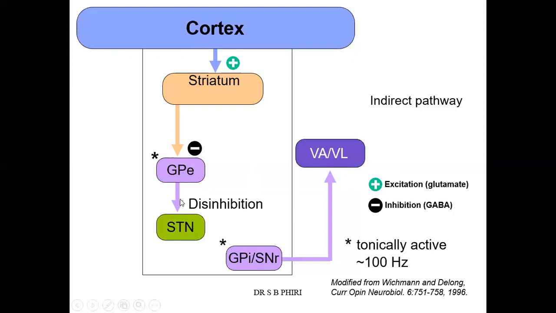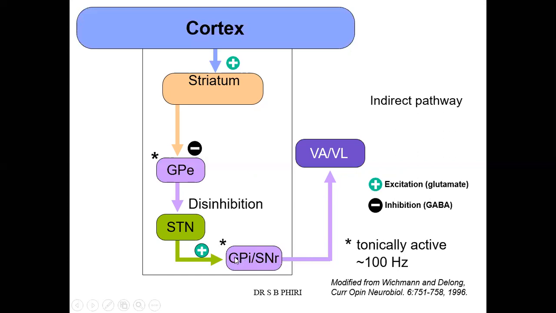Once it has been inhibited, there will be disinhibition at the level of the subthalamic nucleus. From the subthalamic nucleus, you have an excitatory neuron that is releasing glutamate. So it's an example of a glutaminergic neuron. And this glutaminergic neuron is projecting to the globus pallidus internal and to the substantia nigra pars reticulata.